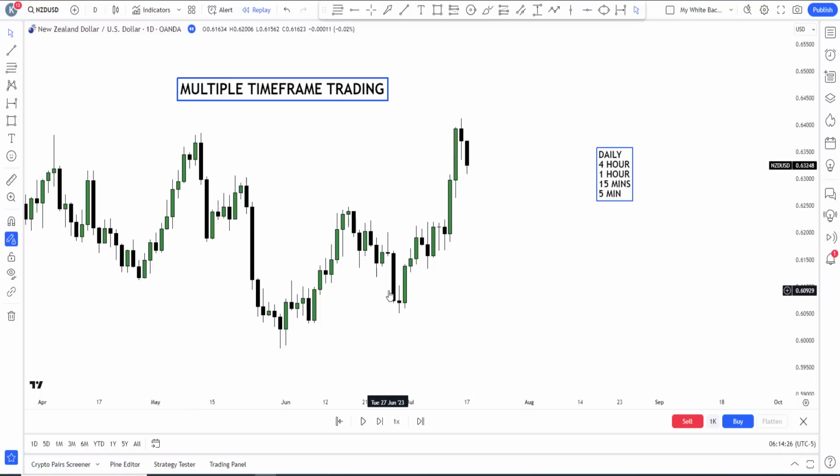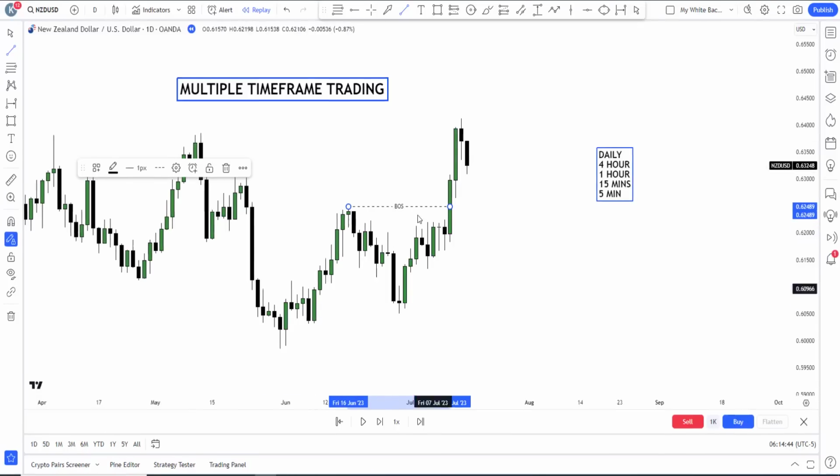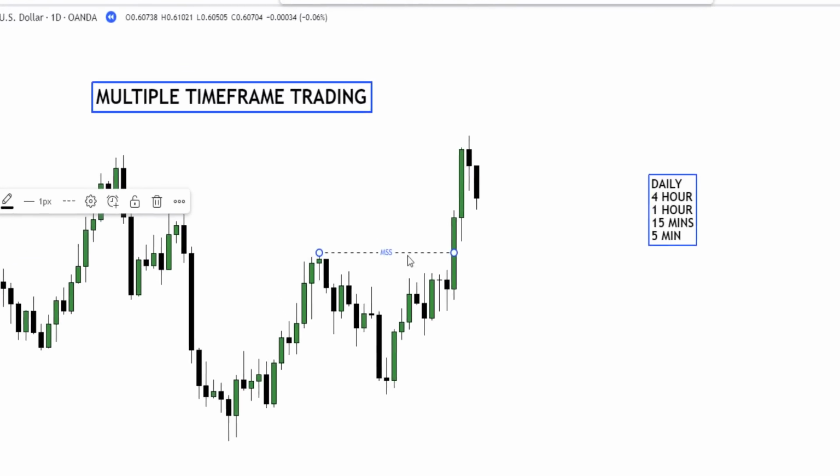Now, look at what is happening elsewhere, such as your market structure, what has happened previously. Look at this. Can you see the most recent is this one, a break of structure. We now come to structure. This is even a shift in market structure, not only a break of structure.